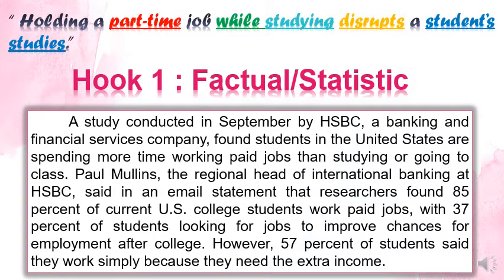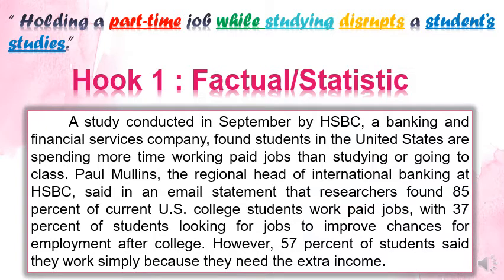For example, let's take a look at our first sentence. A study conducted in September by HSBC, a banking and financial service company, found students in the United States are spending more time working paid jobs than studying or going to class. Okay, so this is a statement and information. When we talk about data, this is an example.